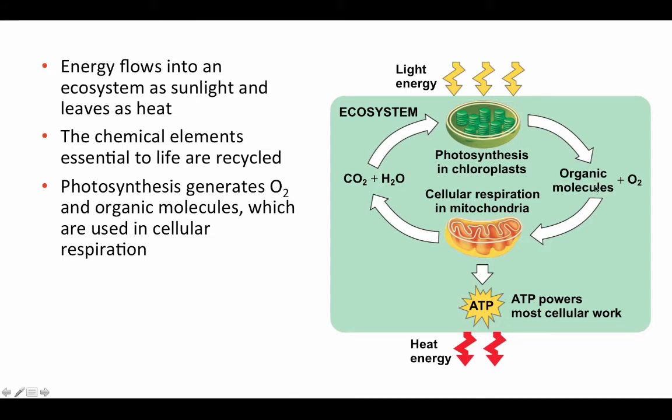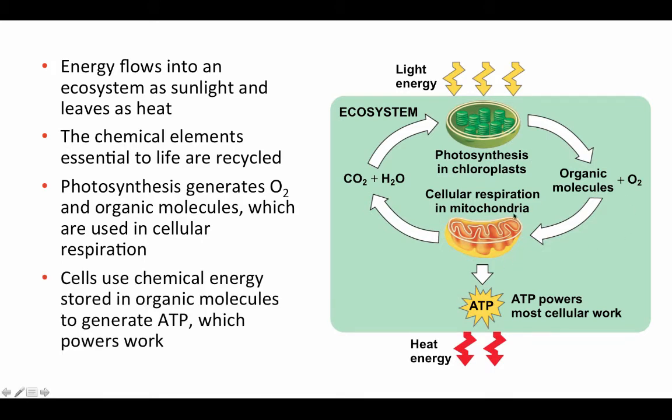So we get organic molecules such as carbohydrates plus oxygen coming from photosynthesis being used by cellular respiration, and then cellular respiration is going to convert those materials to carbon dioxide and water, which are the raw materials for photosynthesis. So this is how these atoms are recycled ultimately. So cells use chemical energy stored in organic molecules to generate ATP, which is going to power the work. So that's going to be the output, and eventually that work is going to result in the release of heat.